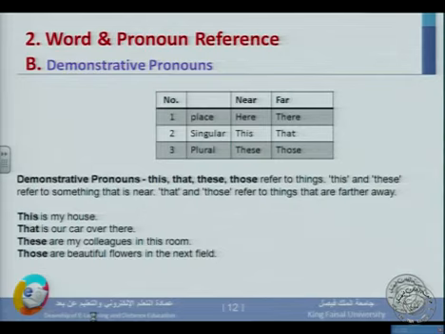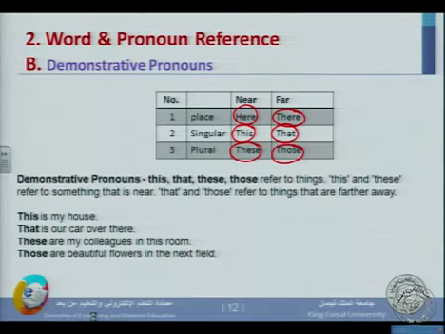We have also something called demonstrative pronouns. ضمائر الإشارة مثل here, هنا, there, هناك, this, that, these, those. لاحظوا here للمكان القريب near, there للمكان البعيد, this للشيء المفرد singular item القريب, that للsingular item البعيد, these for a plural الجمع القريب, those مع الجمع البعيد.